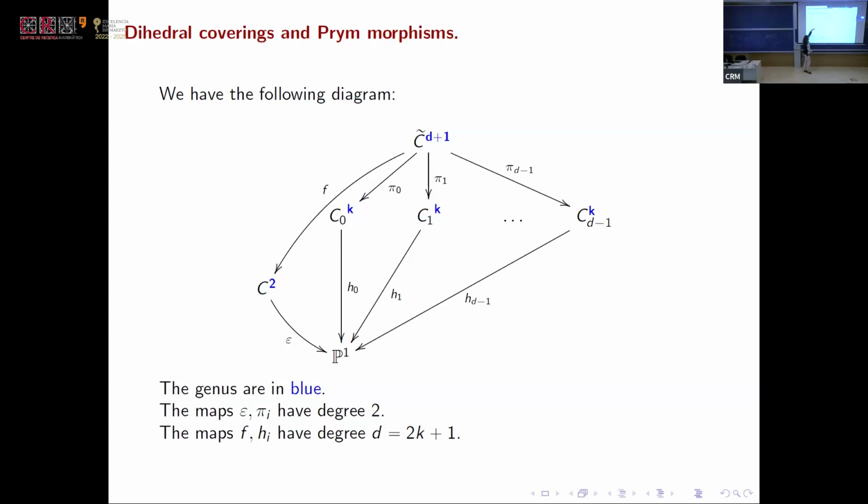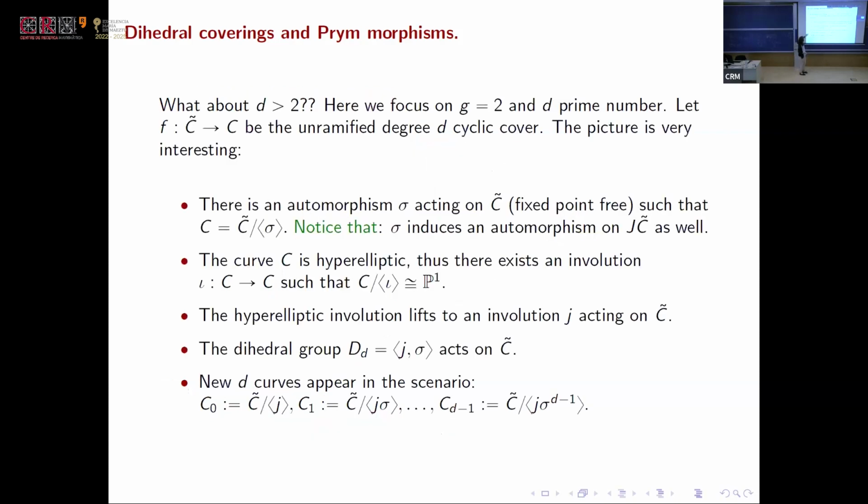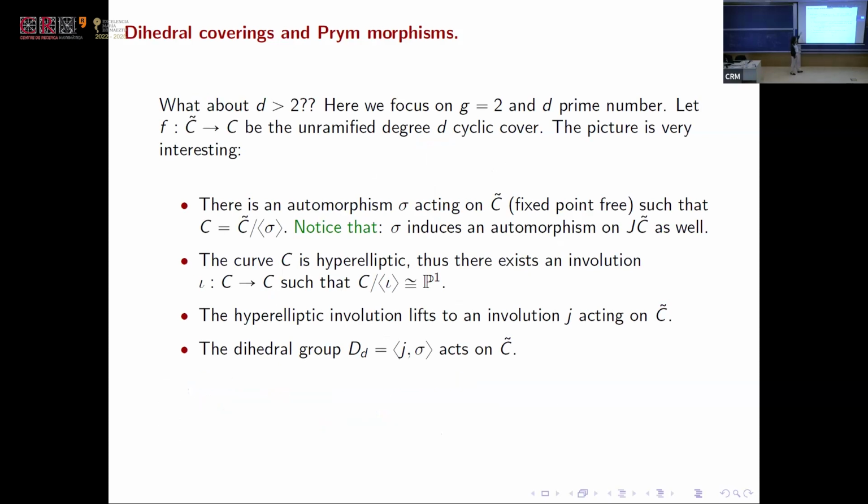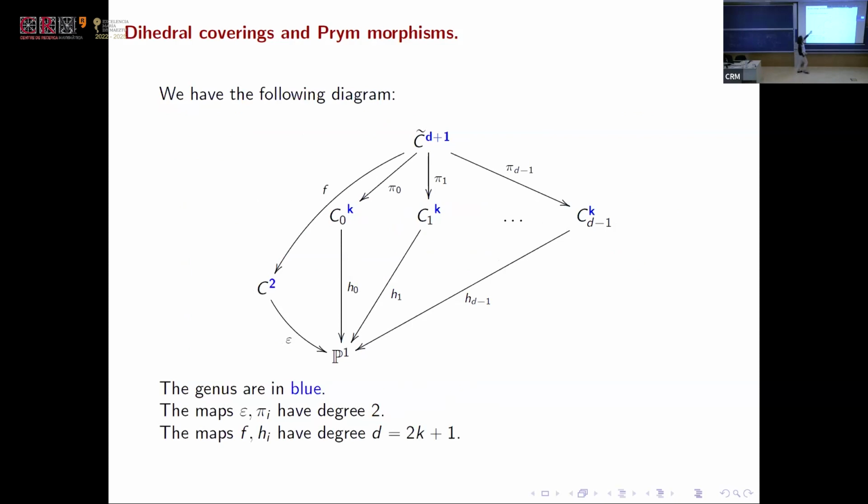I said that the hyperelliptic involution lifts to C tilde, and then taking the quotient of C tilde by J, by J sigma, and so on and so forth, up to J sigma^(D-1), we obtain all these intermediate quotients. They are all curves of genus K, and the map pi 0 is of degree 2, and this map is of degree D.